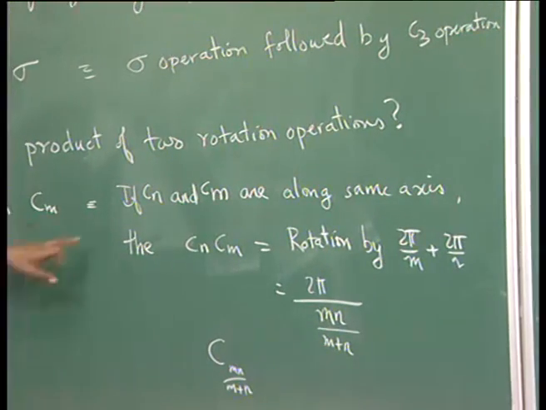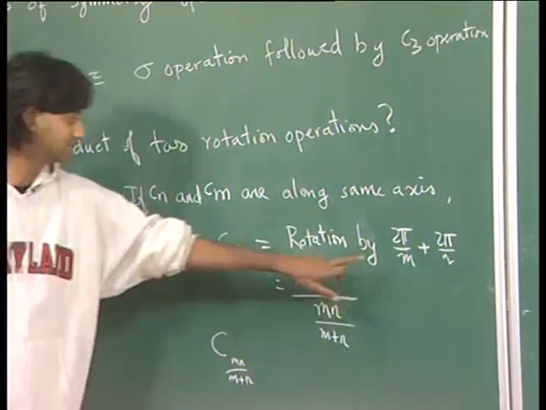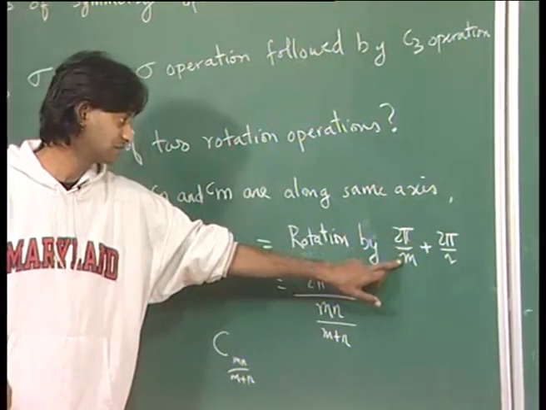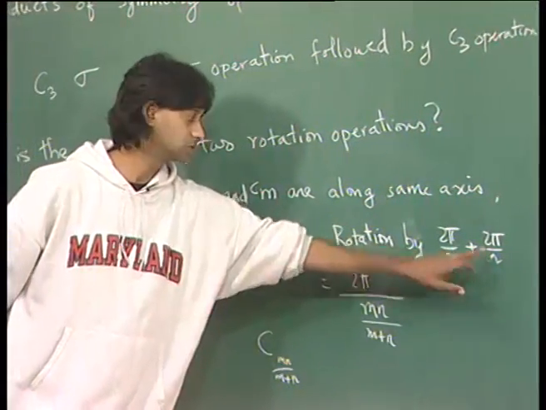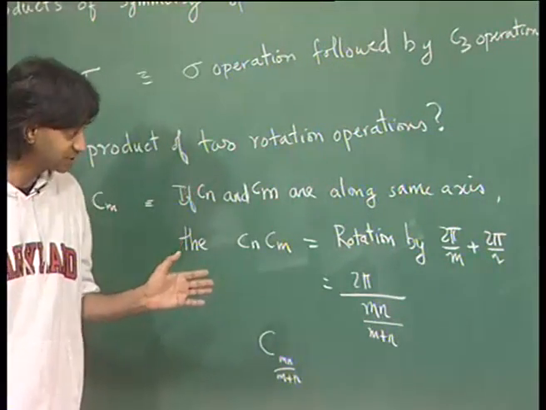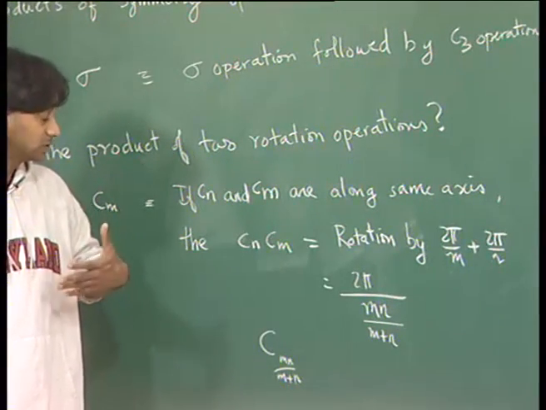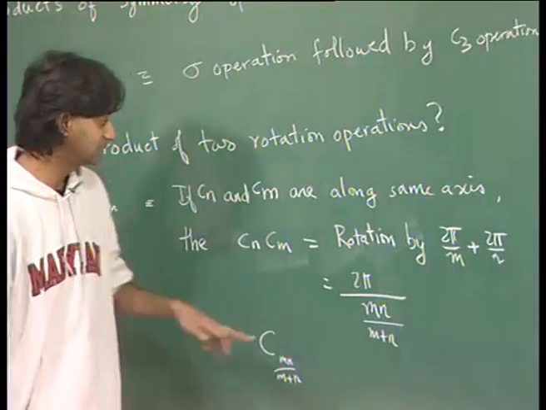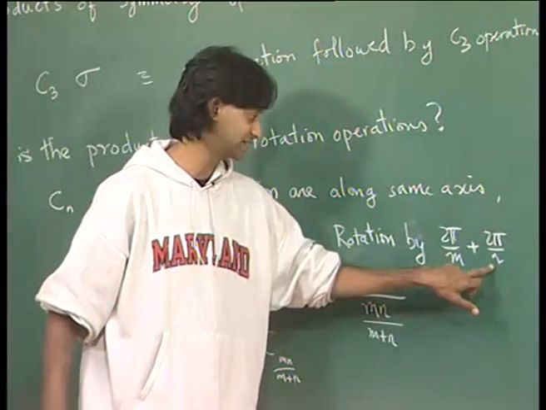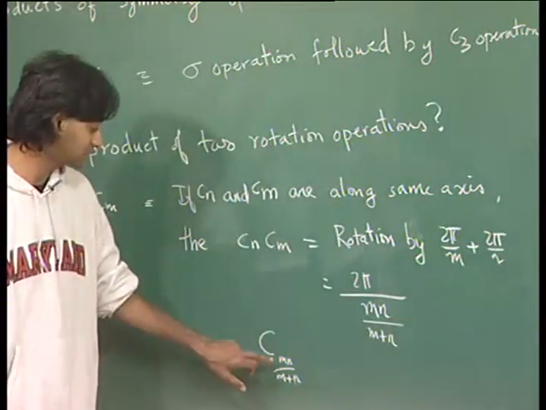So if they are along the same axis, then, for example, with m equal to 2 and n equal to 3: 3 corresponds to 120 degrees, and 2 corresponds to 180 degrees. So 120 plus 180 is 300 degrees.